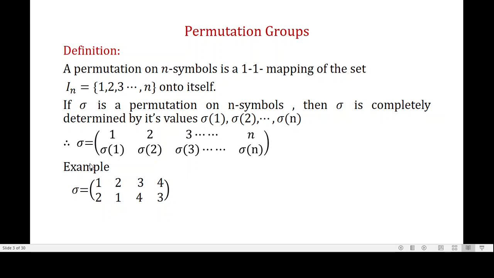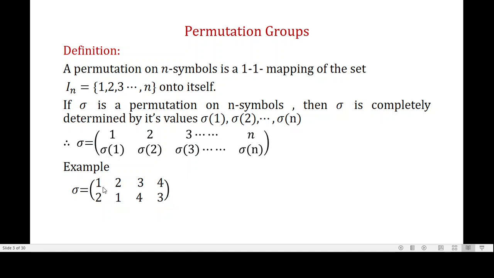For example, suppose sigma is equal to 1, 2, 3, 4, where sigma of 1 is equal to 2, sigma of 2 is equal to 1, sigma of 3 is equal to 4, and sigma of 4 is equal to 3. Now this denotes a permutation on 4 symbols.